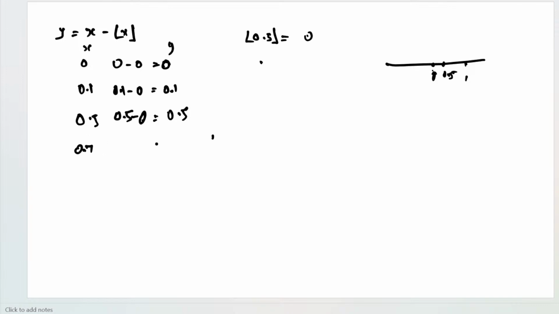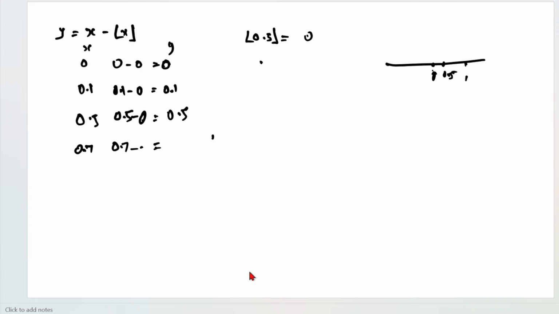0.7, what is it? Directly tell me. If x is 0.7, what is y?